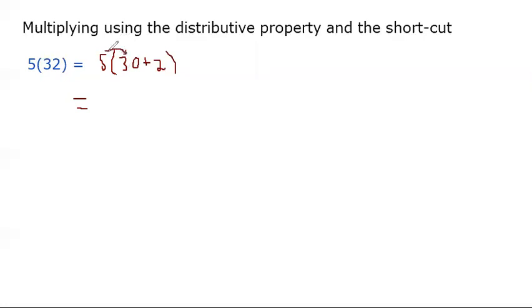This is what math looks like on paper. 5 times 30 and 5 times 2. The distributive property means multiply the outside number through both inside numbers. So it's going to be 5 times 30 plus 5 times 2.